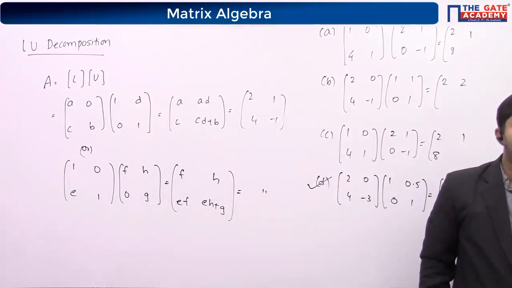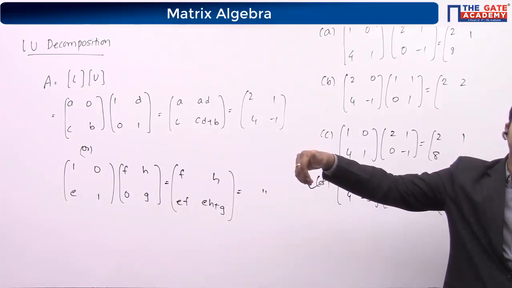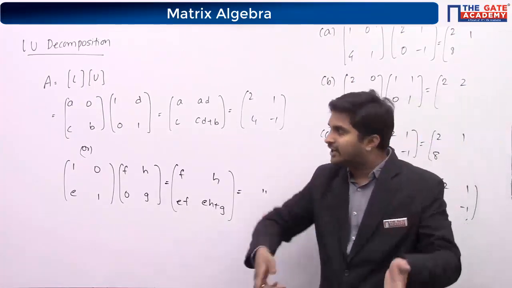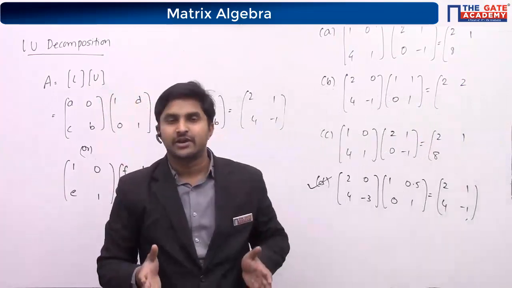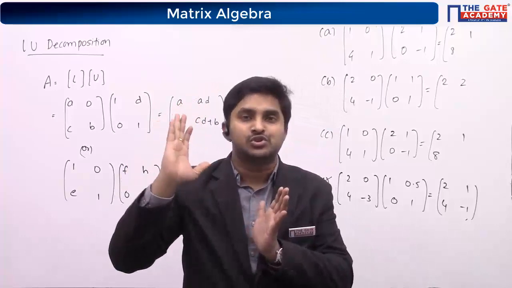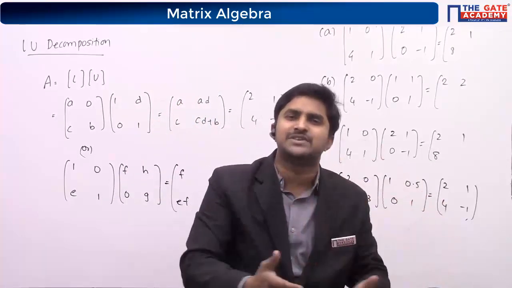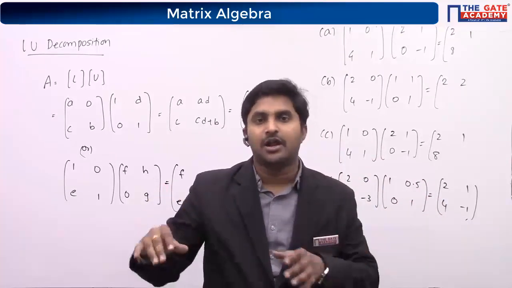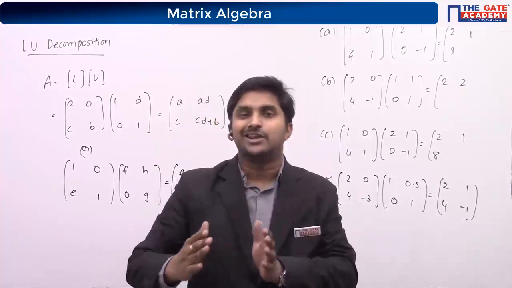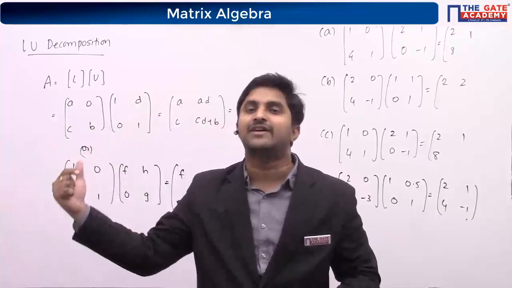Even in the case of the 3 by 3 matrix, we will follow the similar method. We will ensure that fundamentally it is going to be a lower triangular matrix. It means that the elements above the principal diagonal are going to be equal to zeros in the case of a lower triangular matrix. And remaining elements are going to be something like A, B, C, D, E, F, G. And if you have taken the principal diagonal elements not 1, then you have to ensure that in the case of the upper triangular matrix, you are going to take the principal diagonal values as 1.